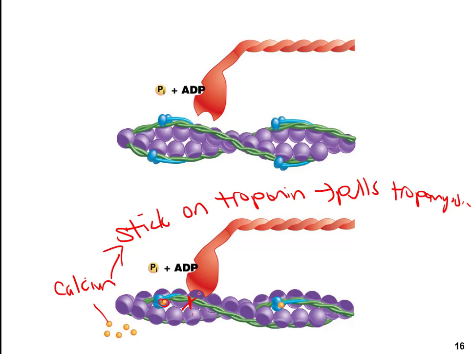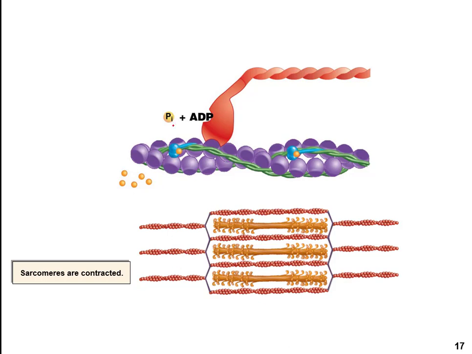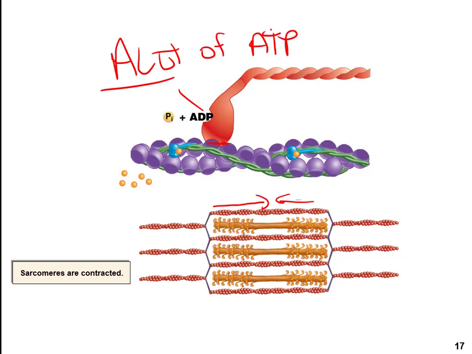And now that golf club can hook up. The myosin hooks onto the actin, and when it does, it's going to pull the actin inward. And that's going to lead to a muscle contraction. In order to pull the actin in, the myosin needs a lot, and I'm not talking a little, I'm talking a lot of ATP, energy, to contract the muscle.